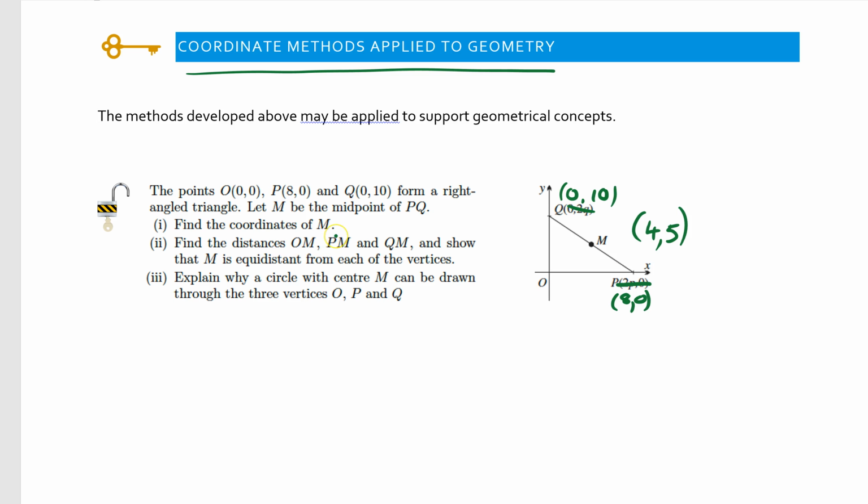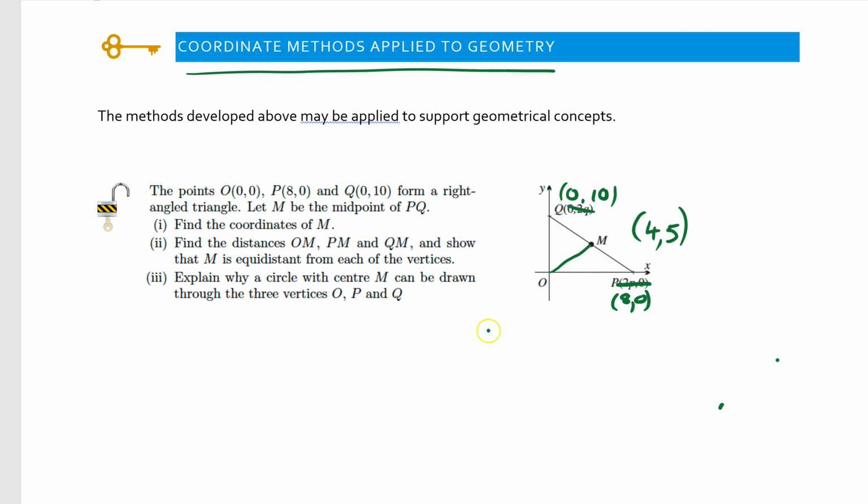Find the distances OM, that's this one here, PM, and QM. So this will be our distance formula, because while this might look like a right angle, we can't be sure that it is.